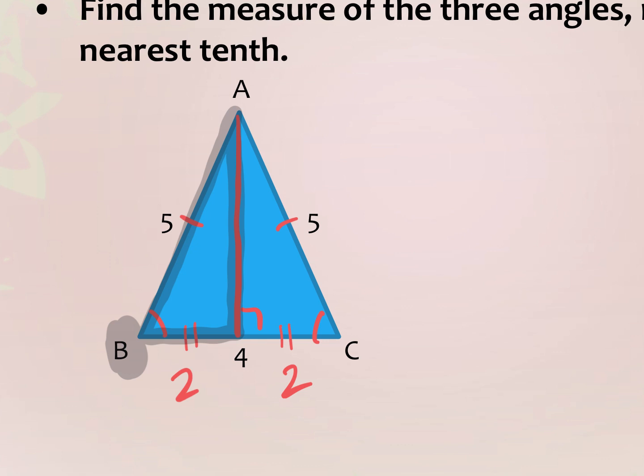Would it be opposite, adjacent, or hypotenuse? Adjacent. Why? It's next to it. And is it a leg or the hypotenuse? It's a leg. So this has to be A. Do you guys agree? It has to be the adjacent side.